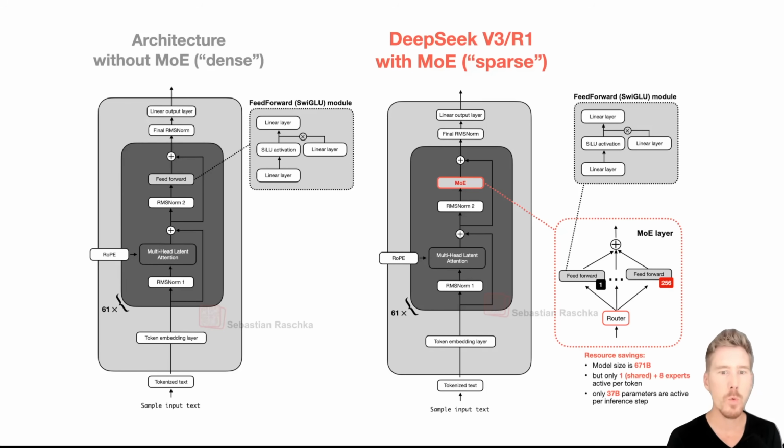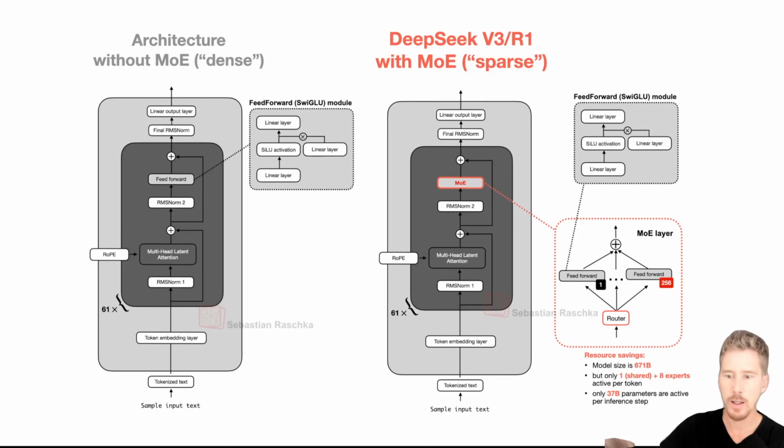The reason why we are doing it is this increases the total parameter count of the model, while only, let's say, increasing the inference cost by a little bit. Because in this case, we have 256 feed-forward modules. They are called the experts, but we are only using 9 of them in each inference pass. So there is a shared expert that is always activated plus 8 other ones.